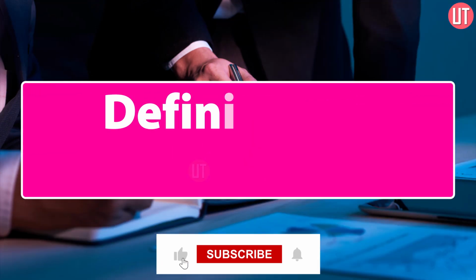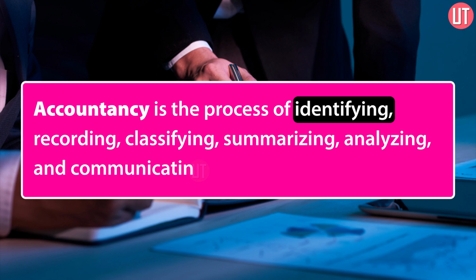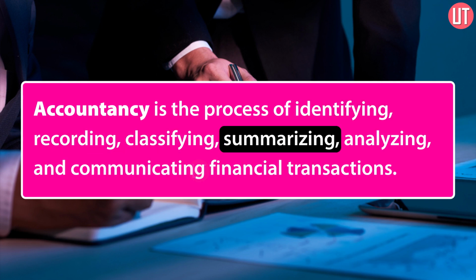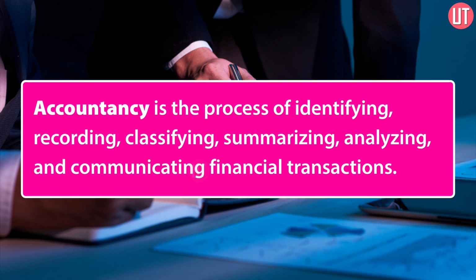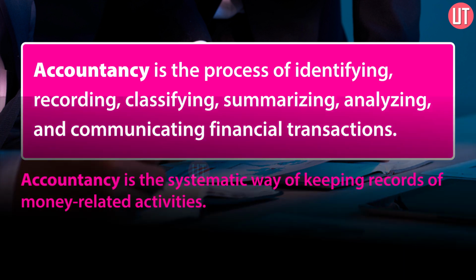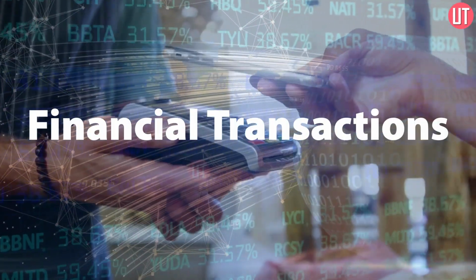Let's start with a basic definition. Accountancy is the process of identifying, recording, classifying, summarizing, analyzing, and communicating financial transactions. In simple words, accountancy is the systematic way of keeping records of money-related activities. Every business performs hundreds or even thousands of financial transactions every day.